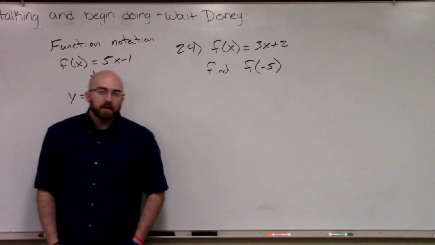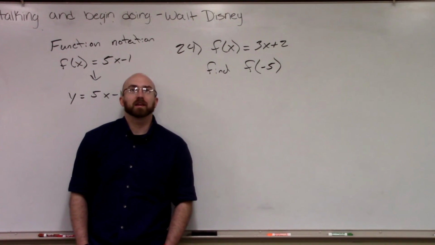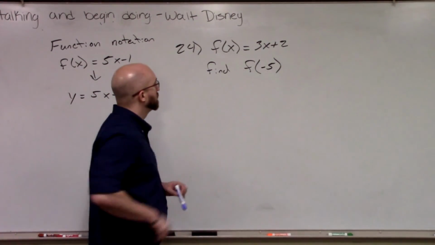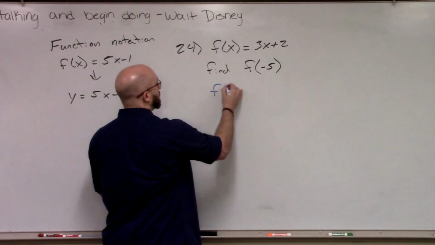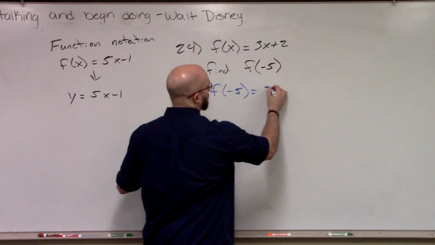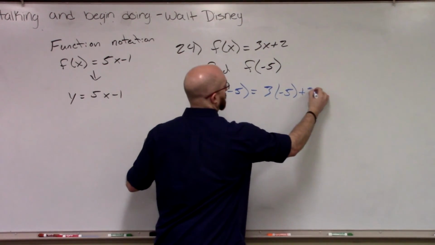If, say, our f of x is 3x plus 2, we want to find f of -5. So what we're going to do is take our equation and say f of -5 is equal to 3 times -5 plus 2.